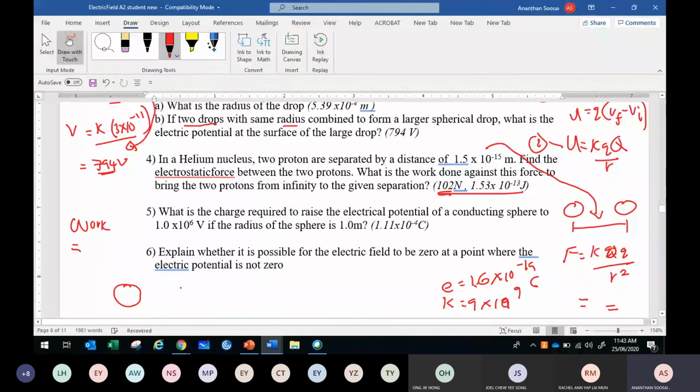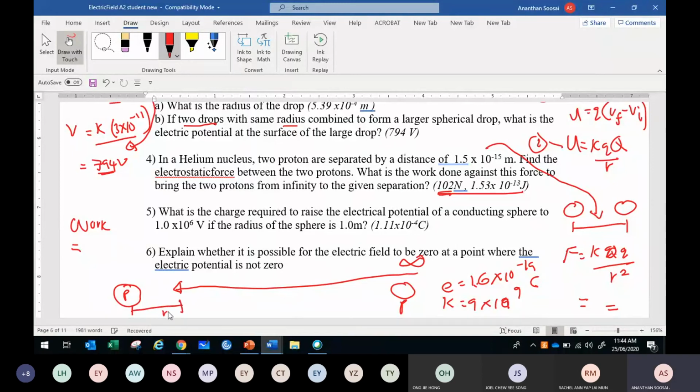One proton we imagine is at the center, one proton we assume is already there. Another proton we bring from infinity to this point, the point of the separation. You're asking what is the work done to bring these two to this separation.